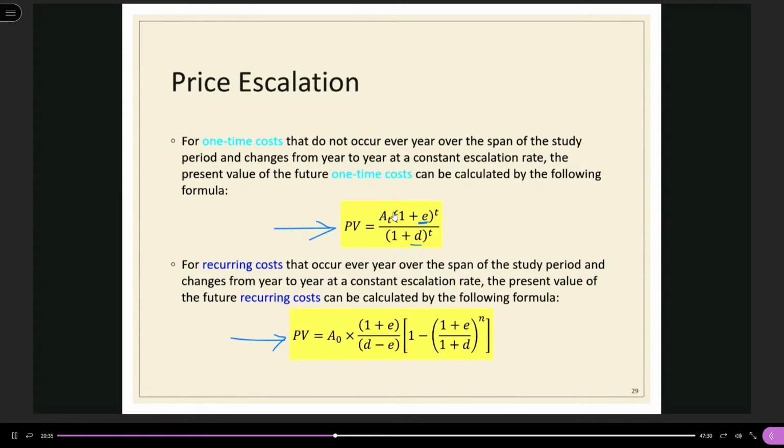Once again, we may add this E if the price could be cheaper or more expensive compared to the inflation rate. It seems to be very complicated, so let's take a look at an example.